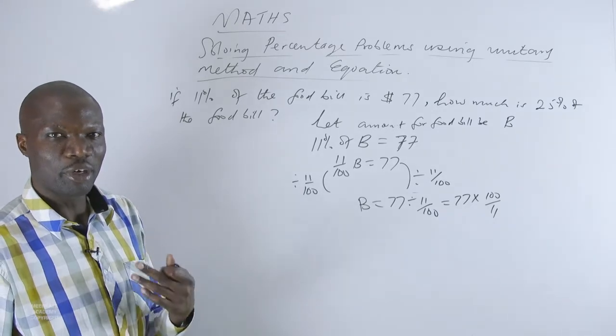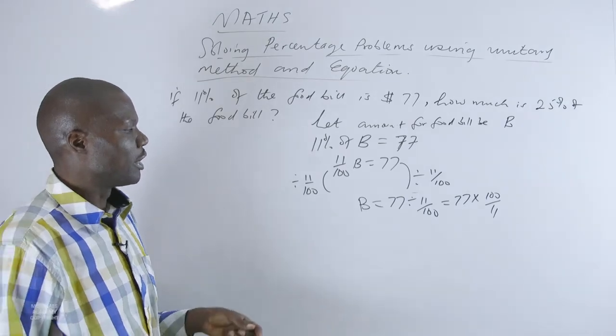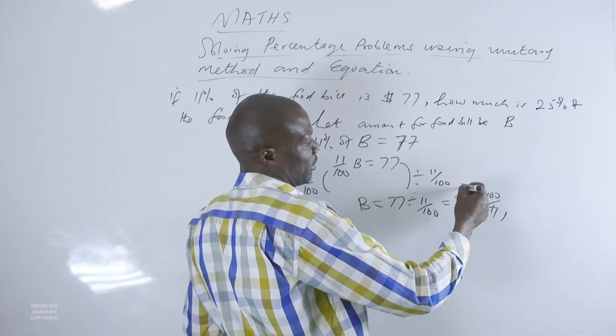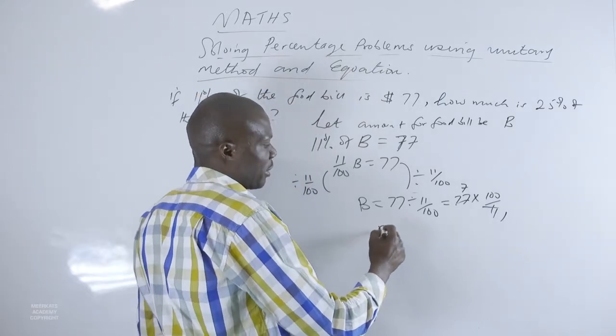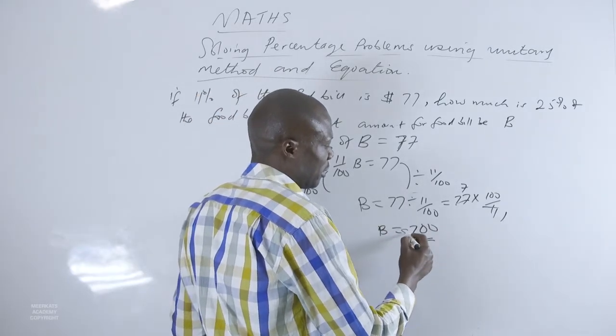And then to get for 25, we just now go for it straight. So 11 into 77 is what? Is 7. So B is equal to $700.